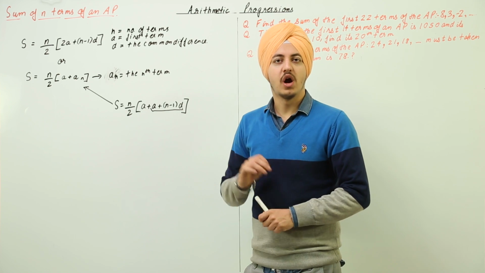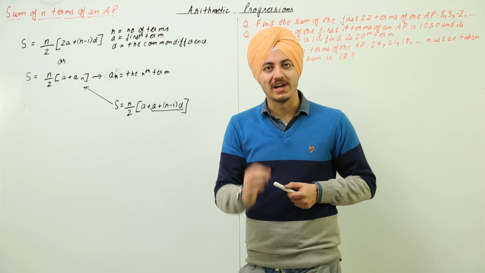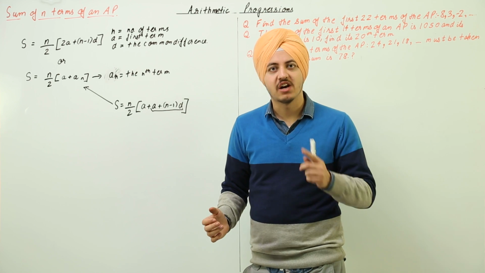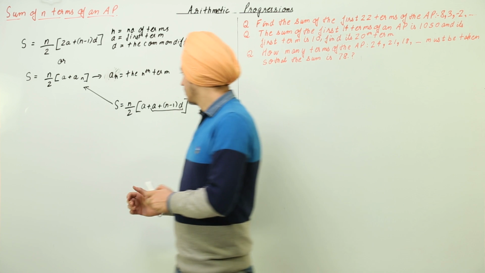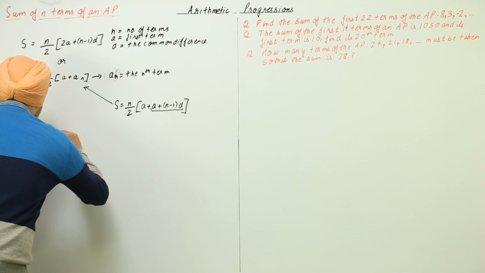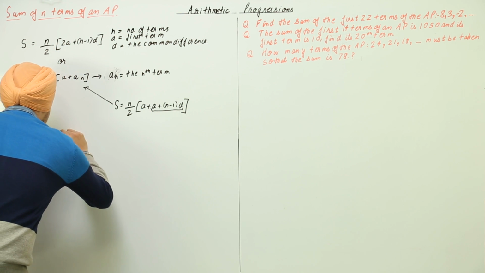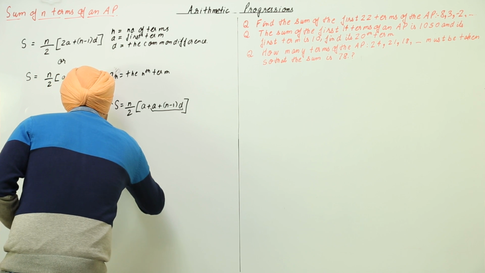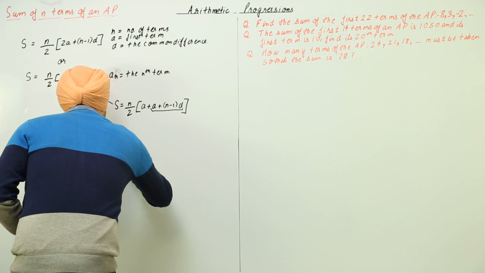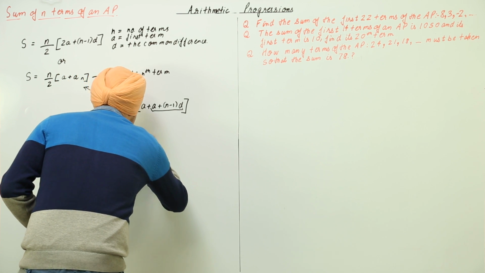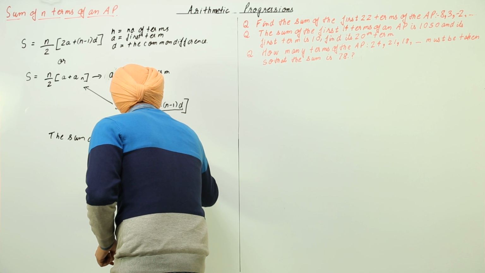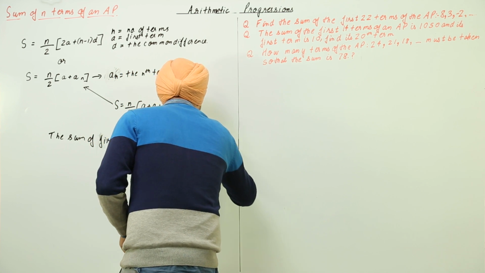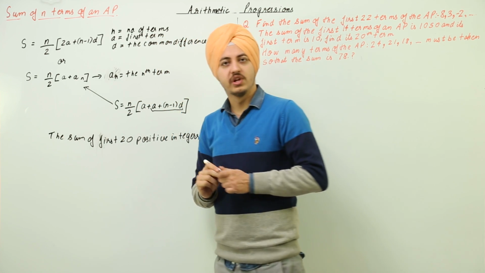Like I'll tell you, how do we find the sum of the first 20 positive integers? Okay, where do positive integers start from? From 1, correct? So the sum of first 20 positive integers. Okay, so how do we do this?